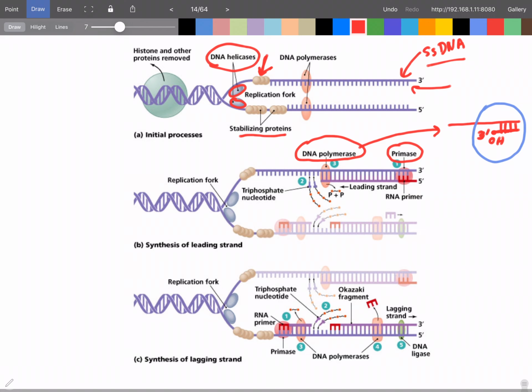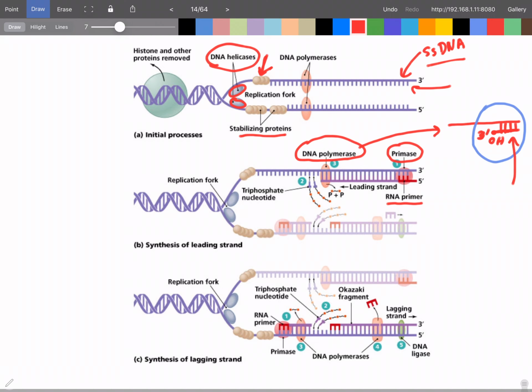Primase lays down this little piece here that DNA polymerase needs to get started, right? So its name comes from being a primer. If you want to go paint, you might need to prime the walls first for the paint to stick well, right? You prime it. And so this primase lays down this little piece of nucleotide sequence. And it's not actually a DNA sequence, it's actually an RNA sequence that it puts down.